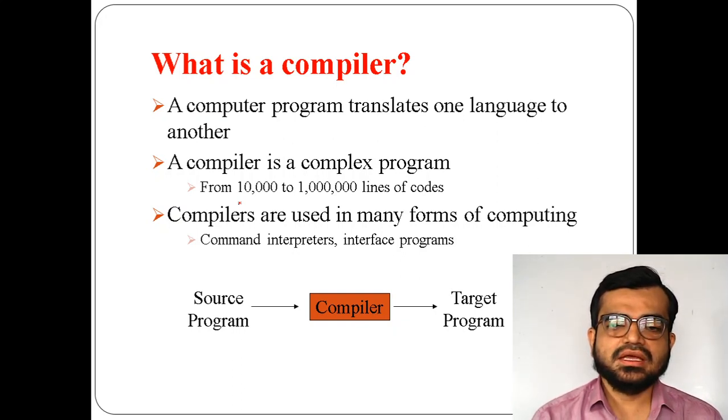The lines of code required for a compiler are much more. As you know, if the number of lines of code is more, the complexity increases. So that's why we can term it a complex program, and that's why we are learning it phase by phase. As I said, a compiler is not just a single thing.